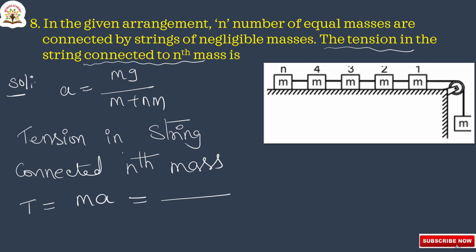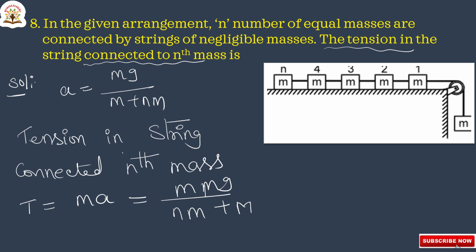So A is equals to mg by nm plus capital M. This is tension in the string connected to nth mass.